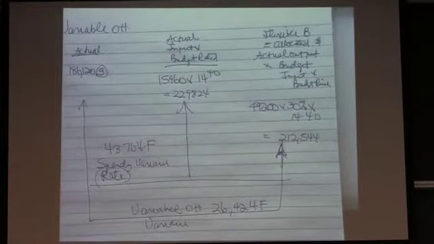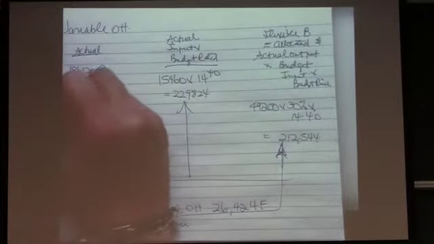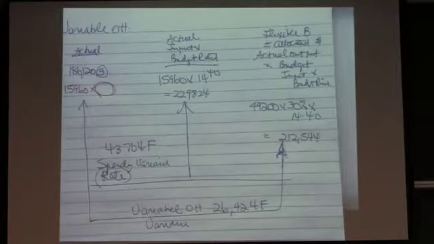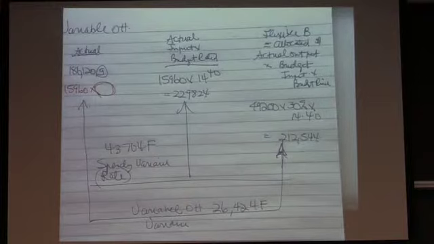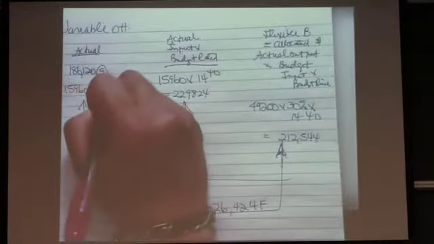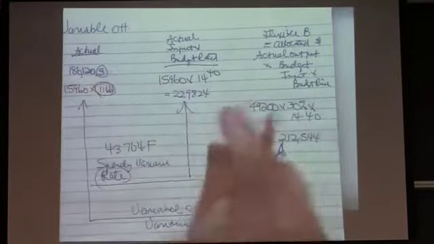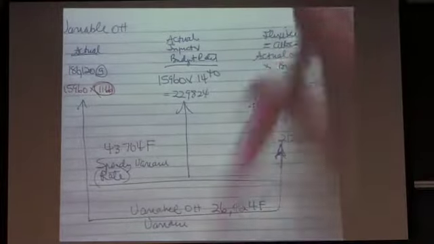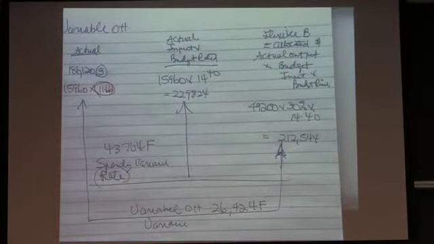In fact, if we calculate the actual rate, it would be 186,120 divided by 15,960, which is $11.66 in comparison to $14.40. So this is why it's a favorable spending or rate variance.